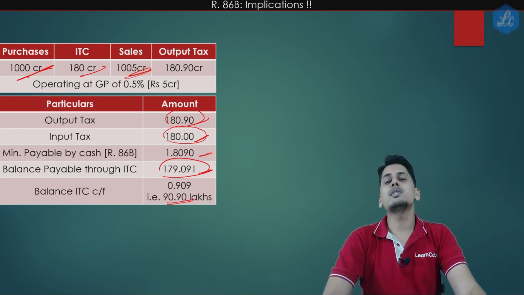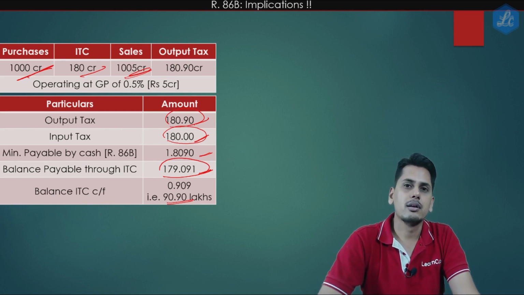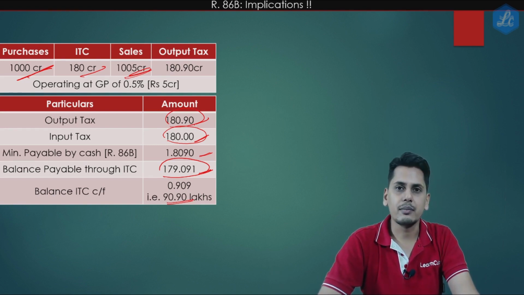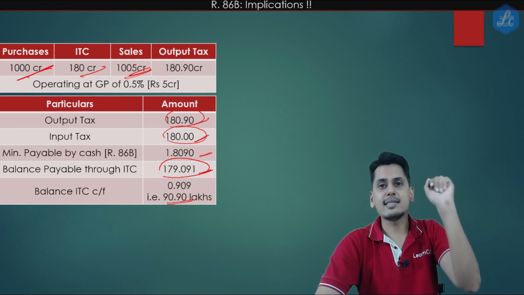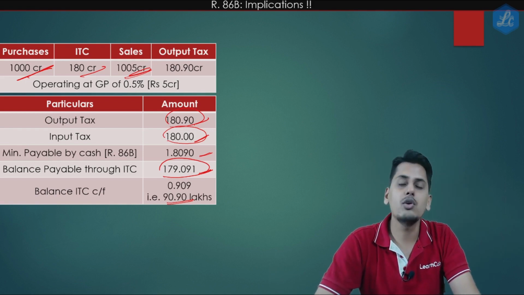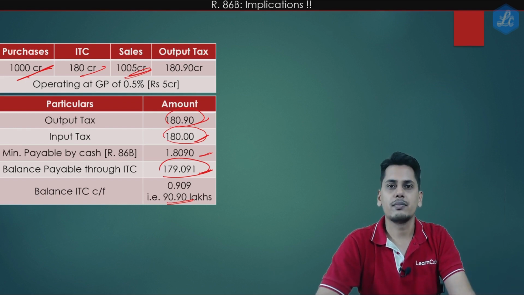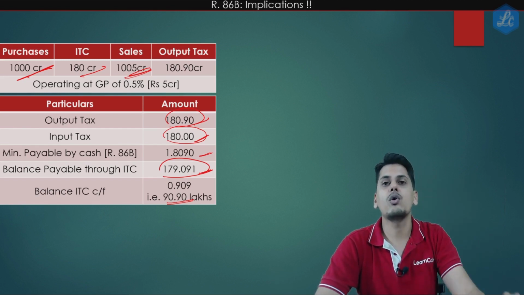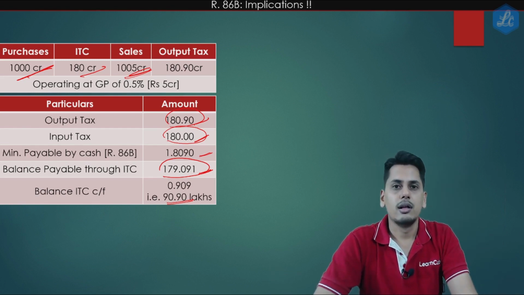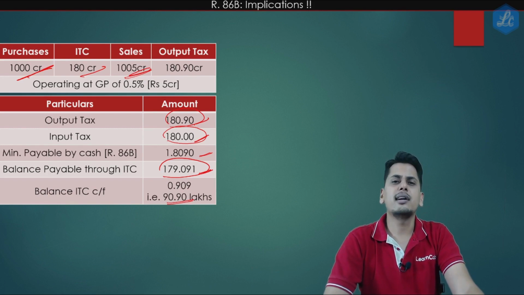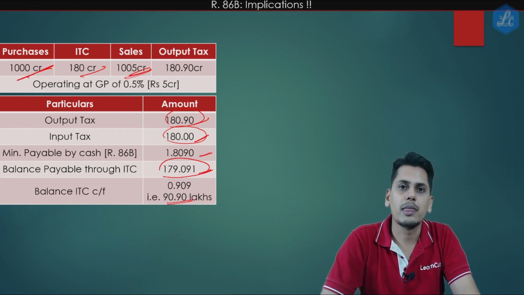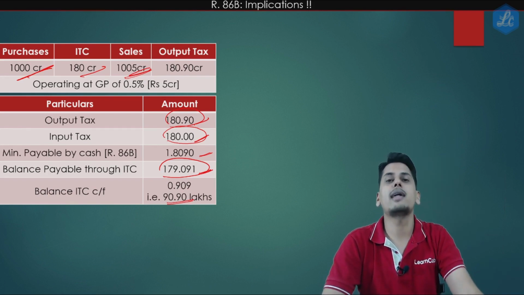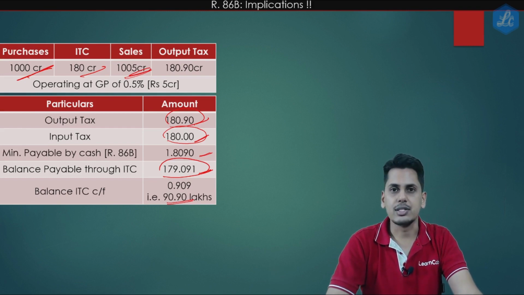Now friends, this person has a problem. This person has a problem stating that when can you ask me to pay 1% of my output tax liability? When can you ask me? He's saying to the government, the person agitates to the government, states that when can you ask me to pay 1% of my output tax from my cash ledger?